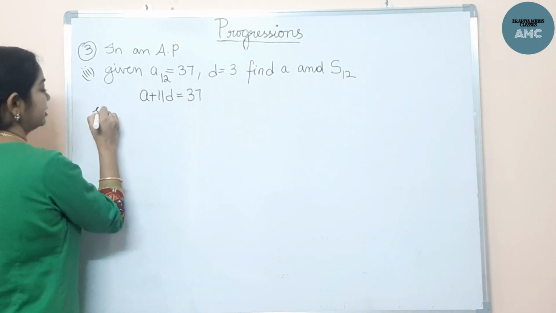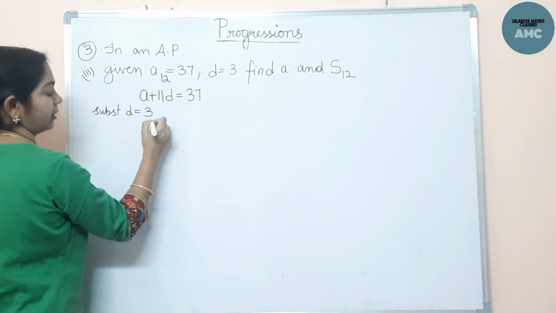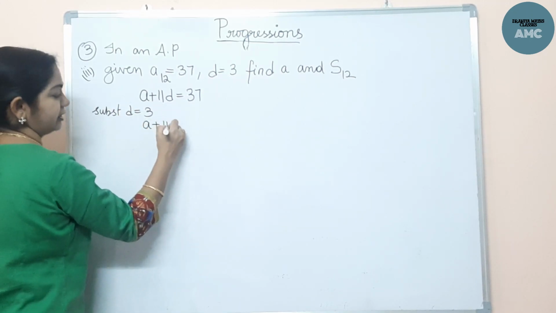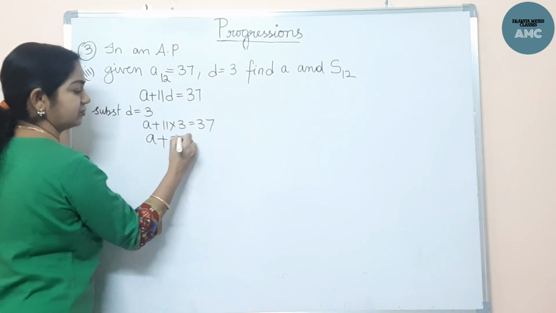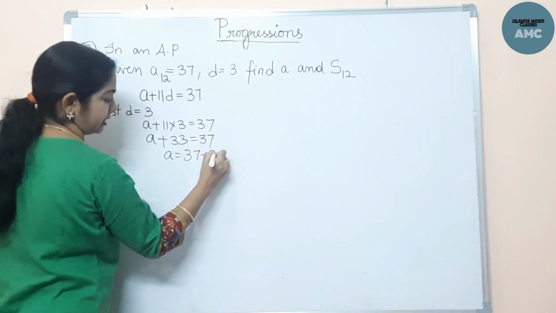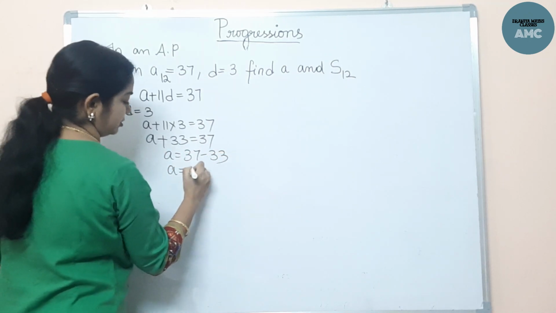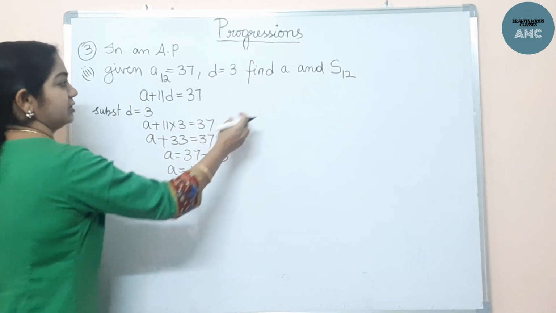So substituting D equal to 3 above: A plus 11 into 3 equal to 37. So A plus 33 equal to 37. A value is 37 minus 33 equal to 4. I've sent this 33 to the other side.